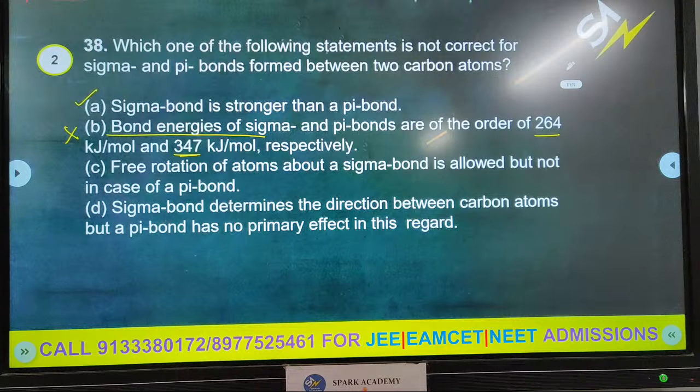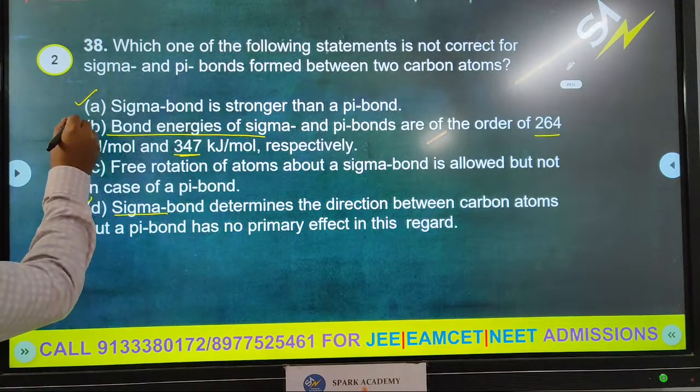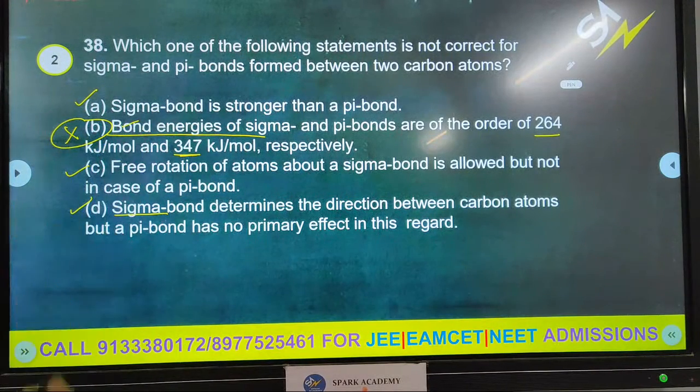Now free rotation of atoms about sigma bond is allowed but not in the case of pi bond. Sigma bonds contain free rotation around the carbon, and sigma bond determines the direction between carbon atoms, but pi bond has no primary effect in this regard because pi bond is not a strong bond compared with sigma bond. So answer is B, because they asked for the incorrect option.